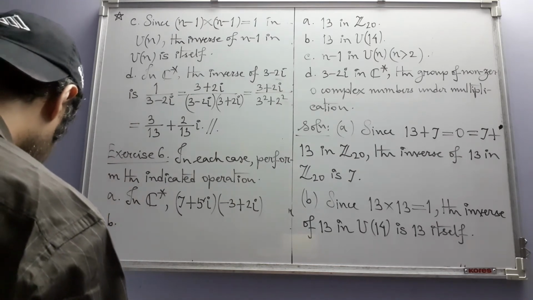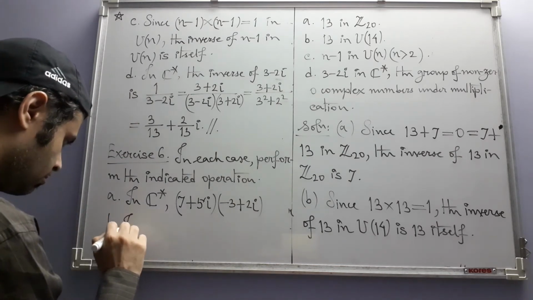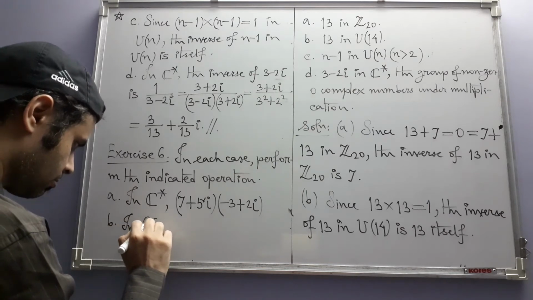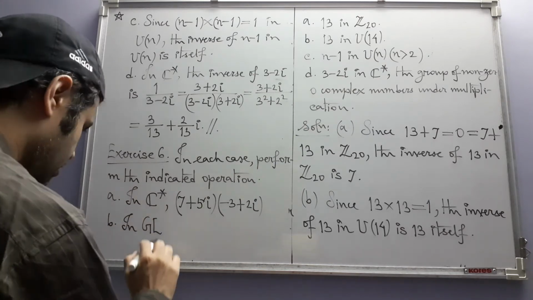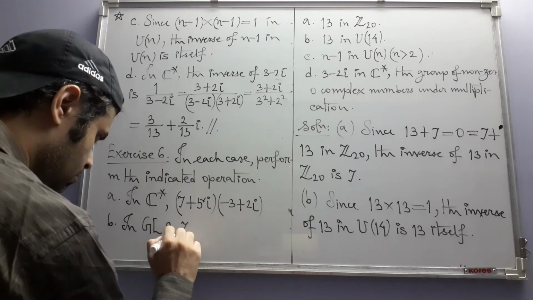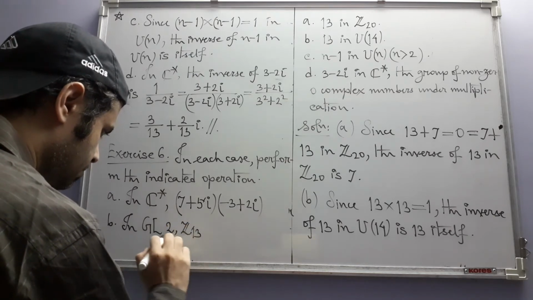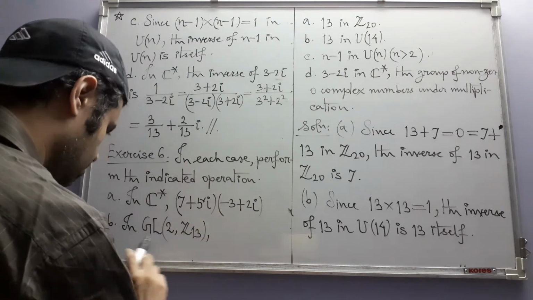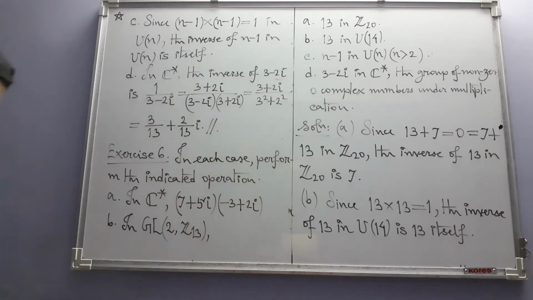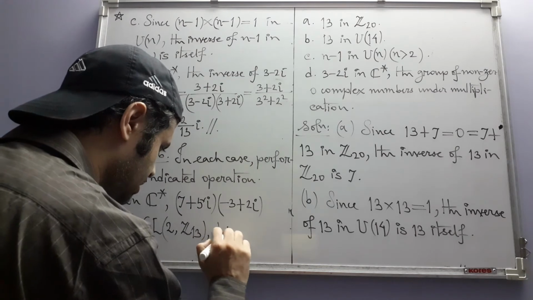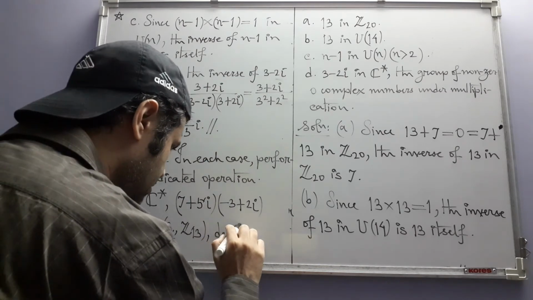Part B, in GL2 comma Z13. So this is, okay, we will discuss about these groups later on. Let us first take the exercise down.